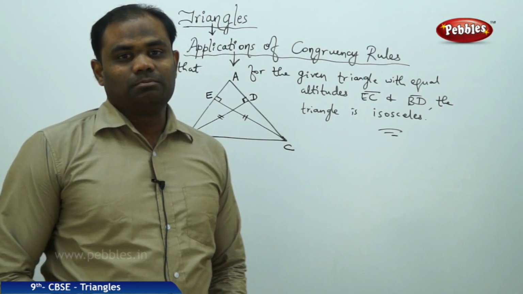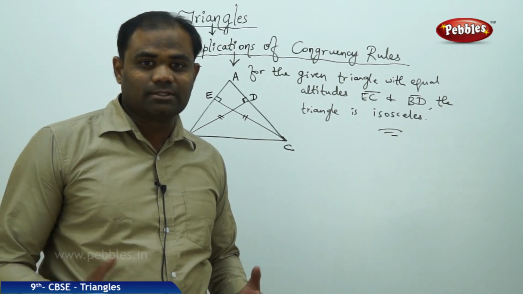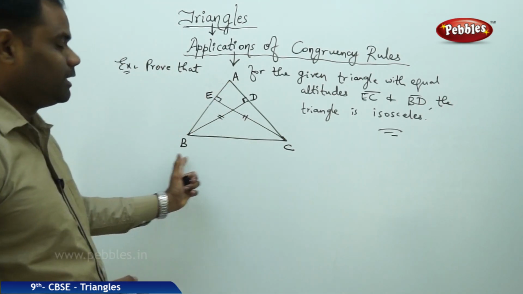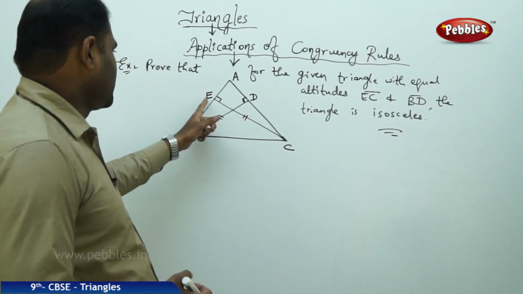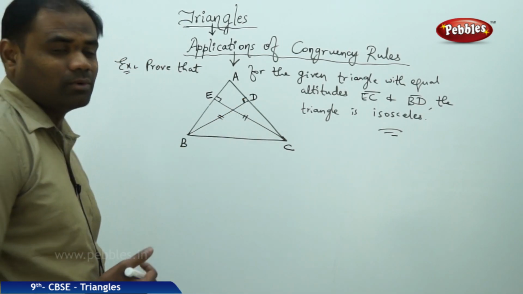Now let's try to prove the isosceles property using congruency rules as we have learnt in the previous session. As clearly we see, ABC is a triangle and EC and BD are the altitudes which are given to be equal.